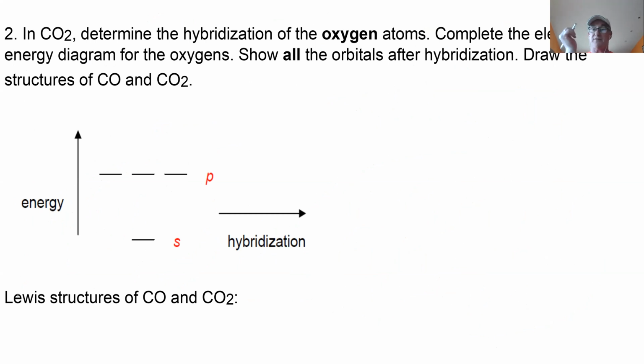So how many valence electrons does oxygen have? 6. So on the left, these are for the unhybridized orbital. So we have S and we have P. Where are the electrons going to go? We have 6 of them. So just regular old electrons in an unhybridized atom.